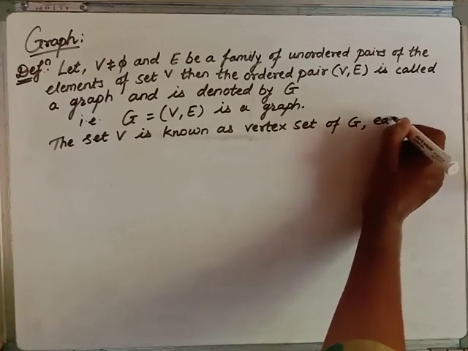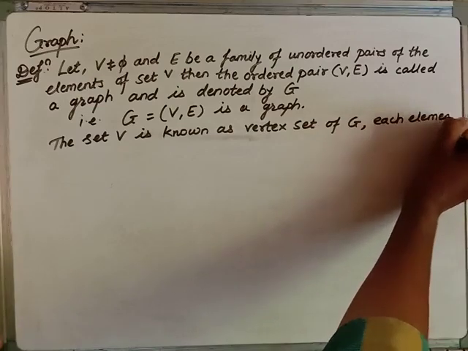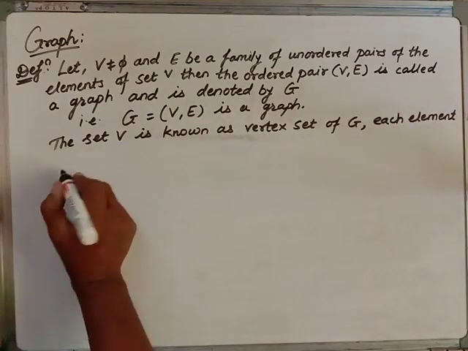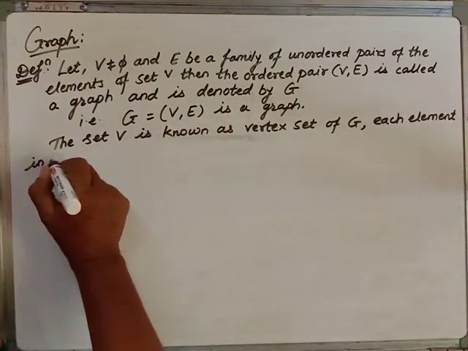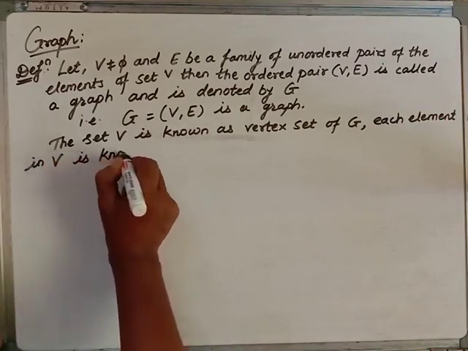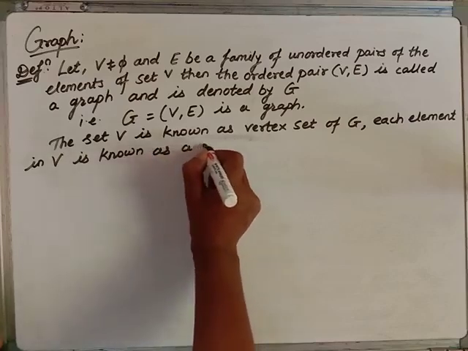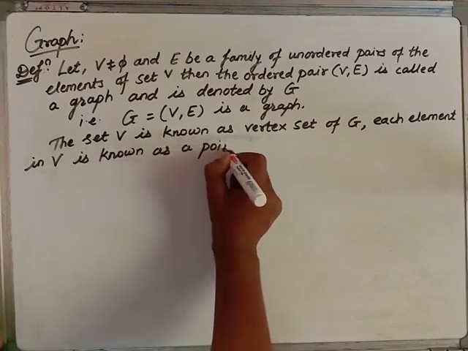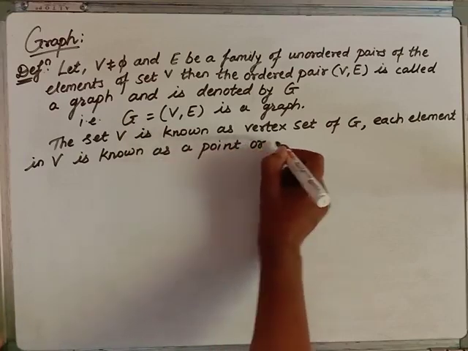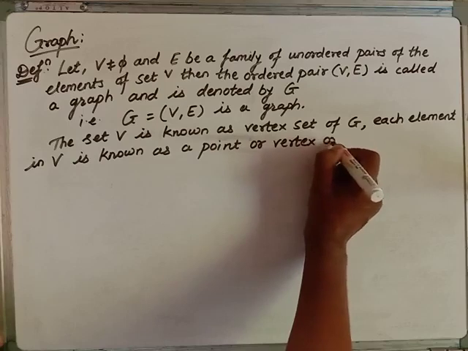Each element in V is known as a point or vertex or node.